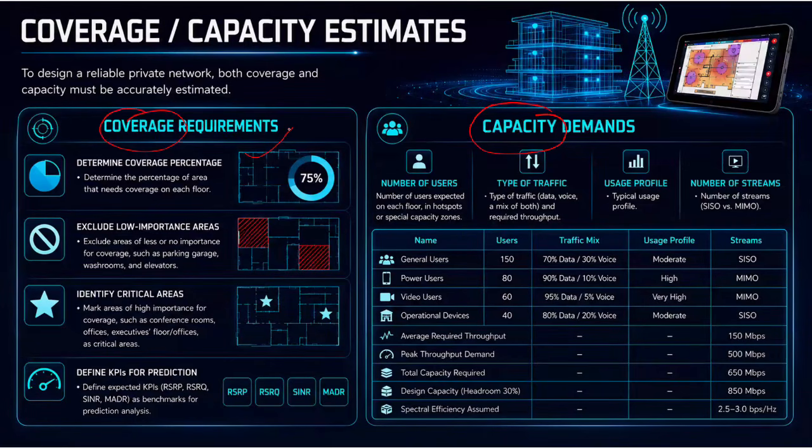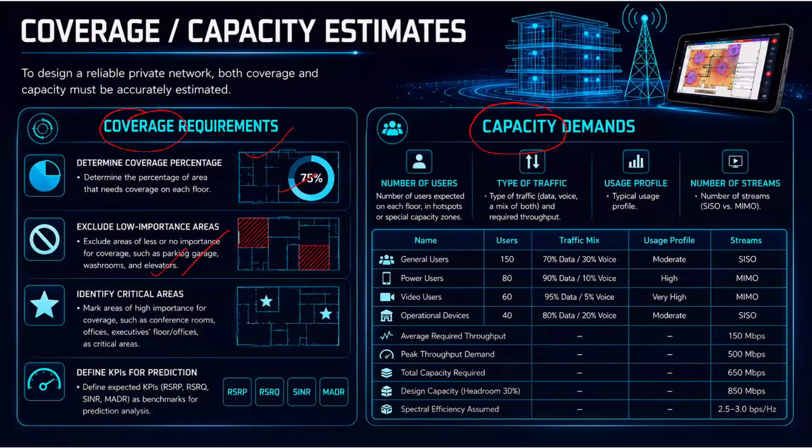For example, does the customer require coverage across 100% of the building, or maybe 75% of the building, or are there certain areas that can be excluded? Right? There may be locations such as washrooms, mechanical rooms, storage rooms, elevators, and other low priority areas where dedicated coverage may not be required.